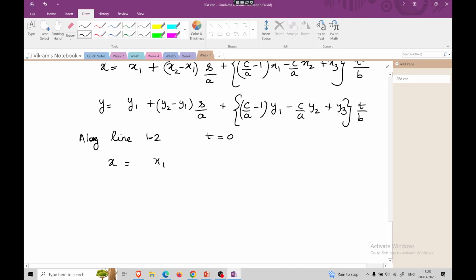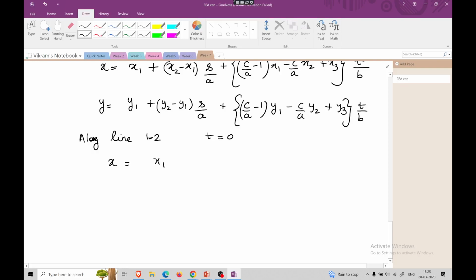So I can simply write this. I will group the x1 terms together: 1 minus s by a times x1 plus s by a into x2. Let this be as it is, and y will be equal to y1 plus y2 minus y1 into s by a.